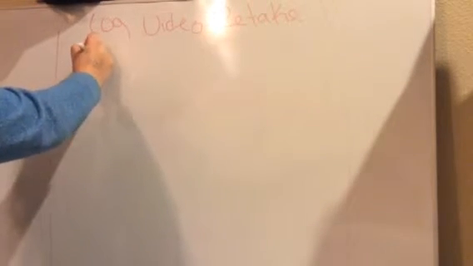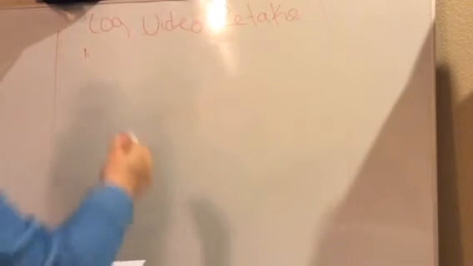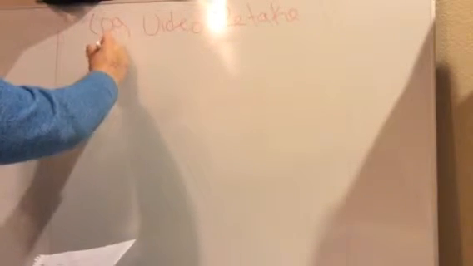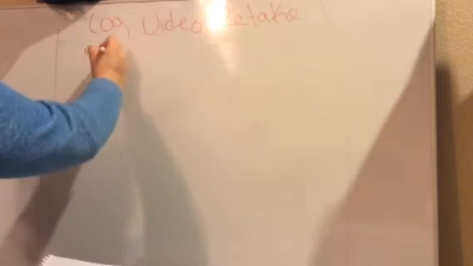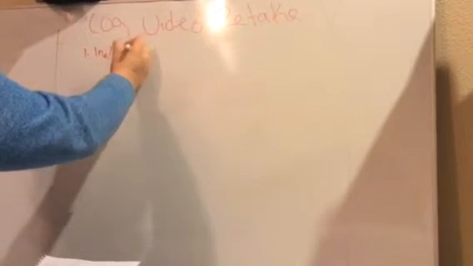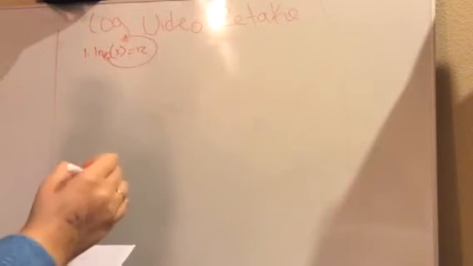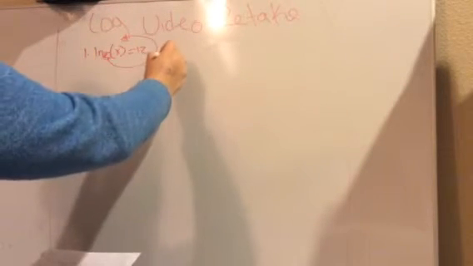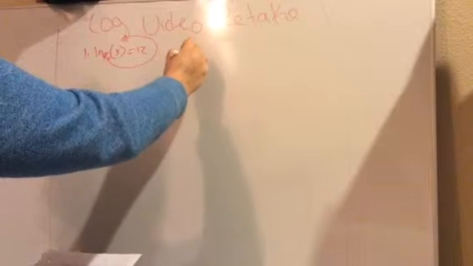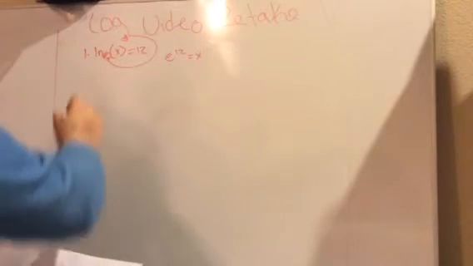Okay, so now for the problems. Number 1 is the natural log, base e, of x equals 12. So you take e, wrap it around, it would be e to the 12 equals x.